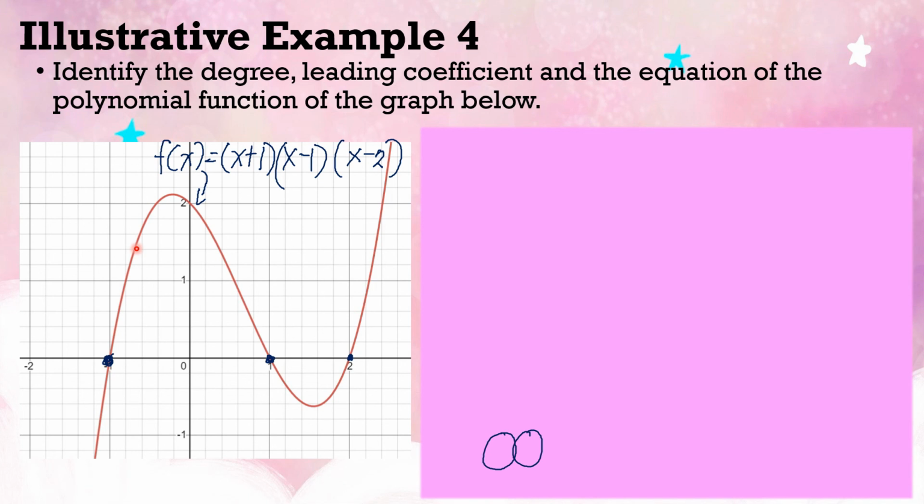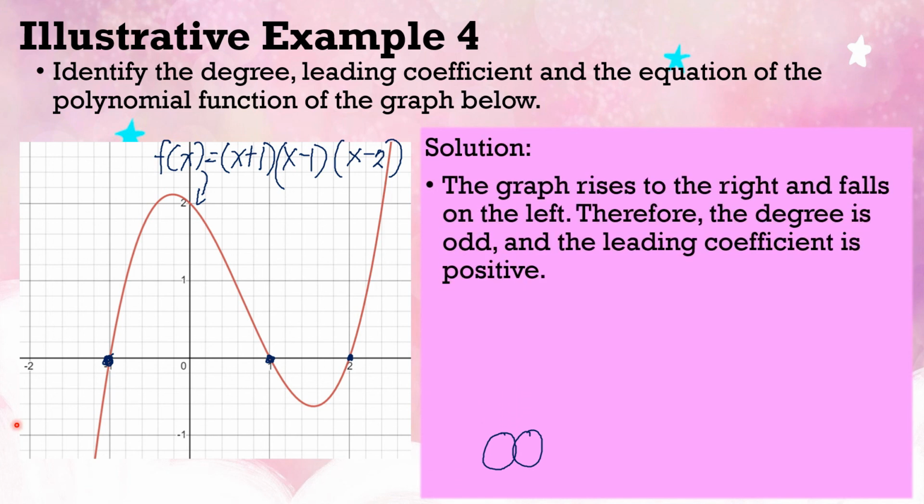Let's have the last example. Identify the degree, leading coefficient, and the equation of the polynomial function of the graph below. Solution. So the graph rises to the right and falls to the left. Therefore, the degree is odd and the leading coefficient is positive.